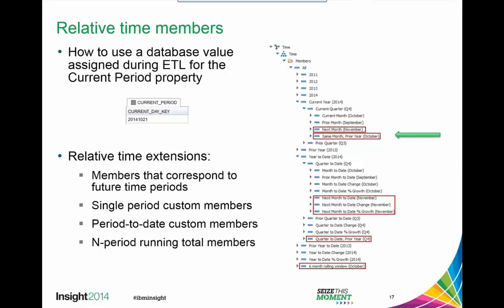Single period custom members, for example, same month prior year. Period to date custom members, as well as end period running total members. Those are some of the new relative time extensions that we've added in 10.2.1 Fix Pack 3.